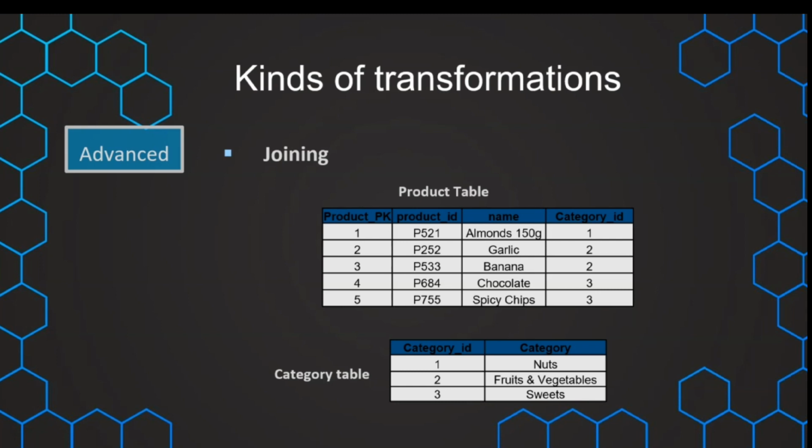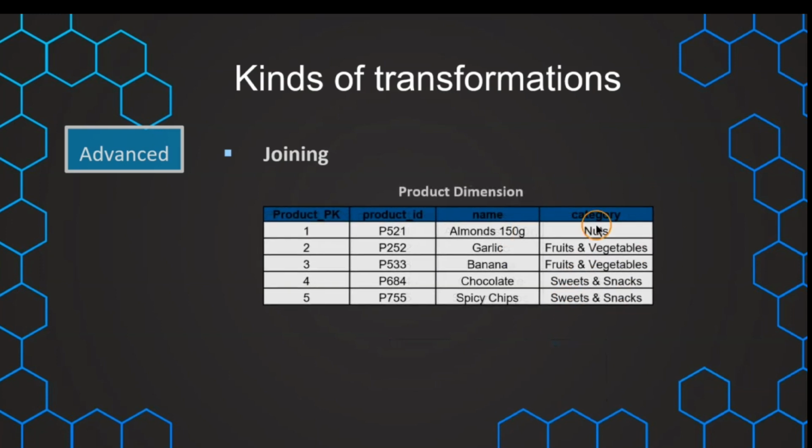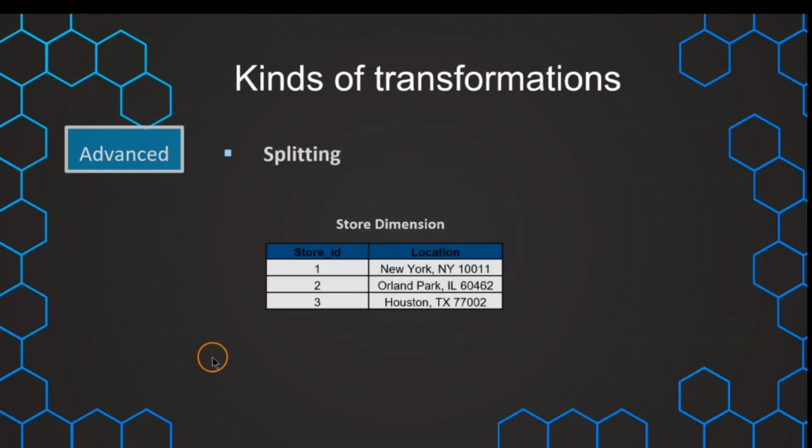This is what we want to do to make it more user-friendly, and in this case it's also better for performance, so that we don't always need to do all of the joins manually, which of course also take compute resources. That's why we want to make a join using this category column, and then we have one product dimension table that is a lot better for the users.